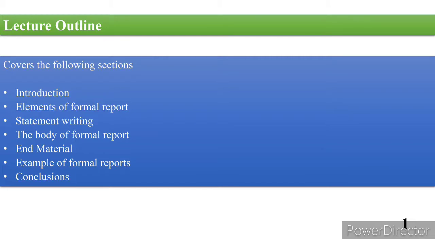Along with that, the most important is statement writing. Statement writing is one of the most important aspects that we generally ignore most of the time, because the purpose statement is very important, because what we want to convey to the audience is important.